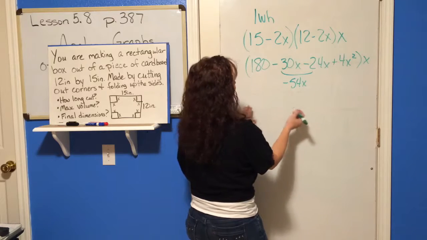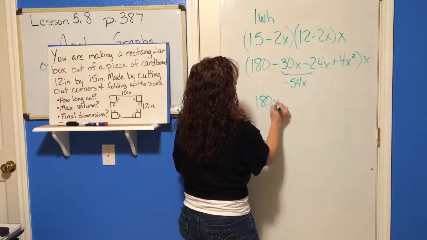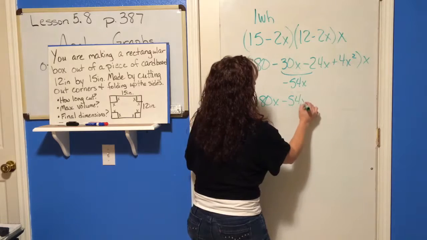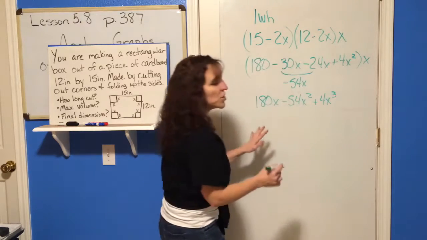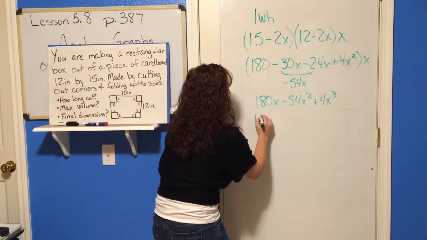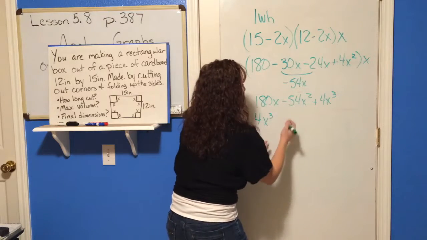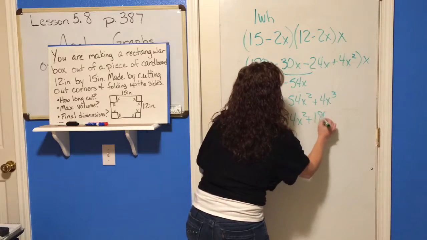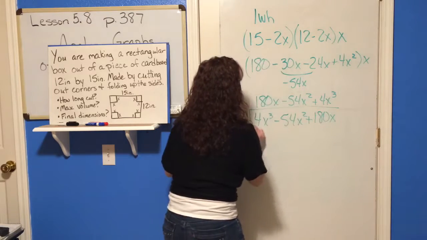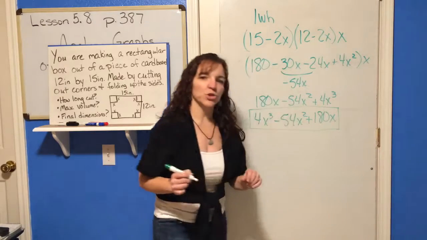So let's take, okay, so 180x minus 54x squared plus 4x cubed. And so then, just for the sake of solving and putting it into your calculator correctly, you're going to flip it. Okay, and so this is what you would put into your calculator to graph it.